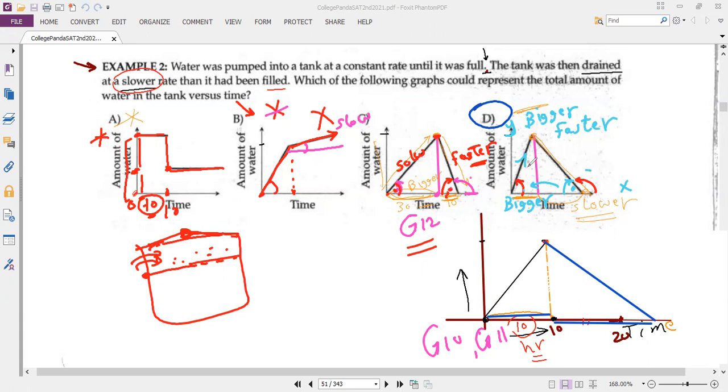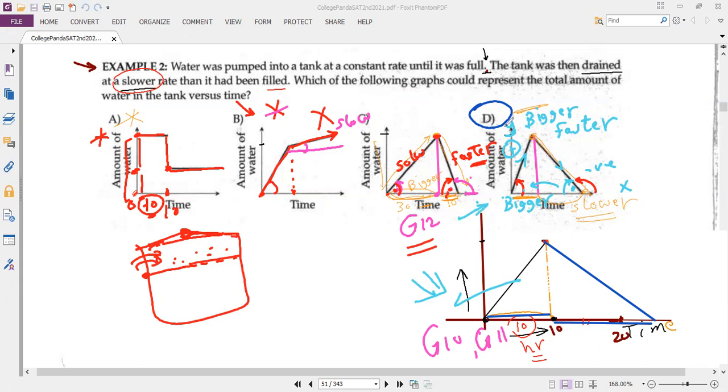We take the absolute slope, because negative means drained or empty, decrease, and positive means increase. This is another explanation for grade 12. If you understand this, okay, don't care about this one. If you are in grade 11 or 10, take care about this explanation. For grade 12, this is very fast for you.